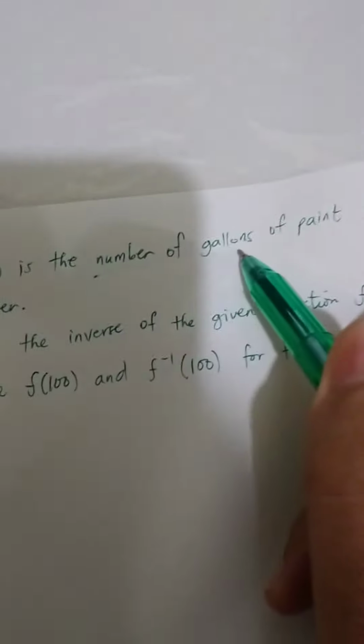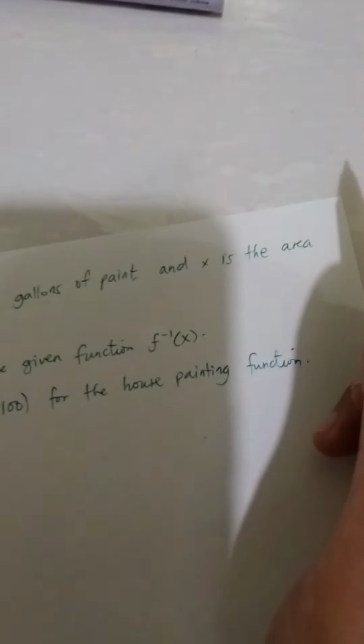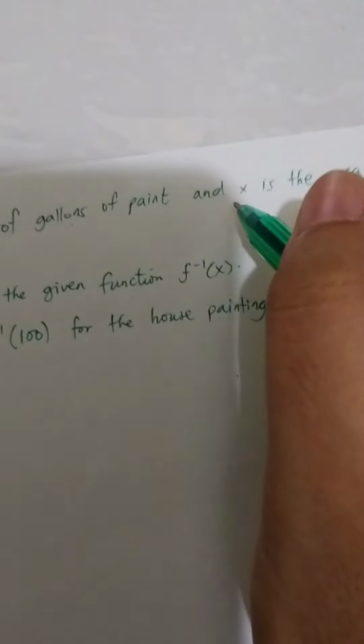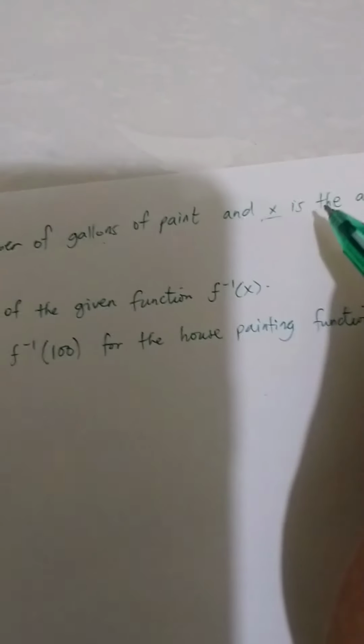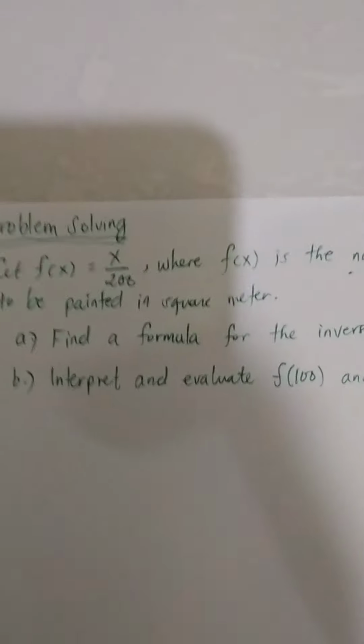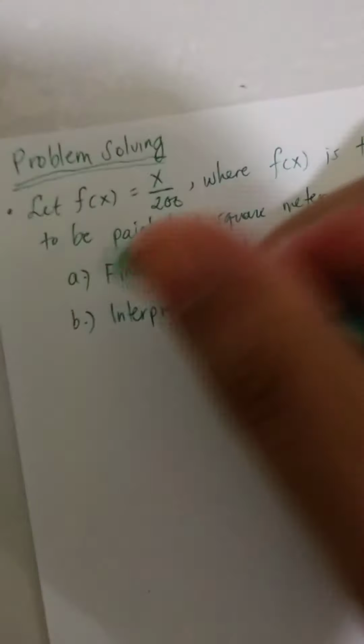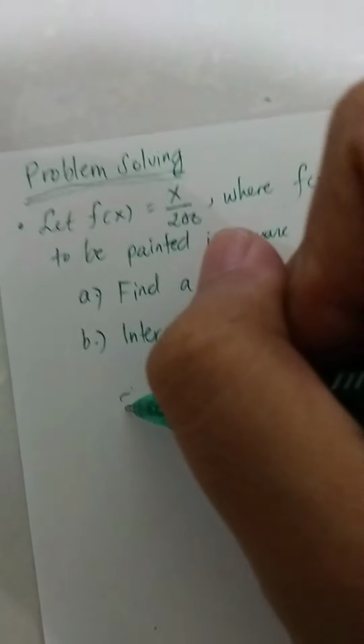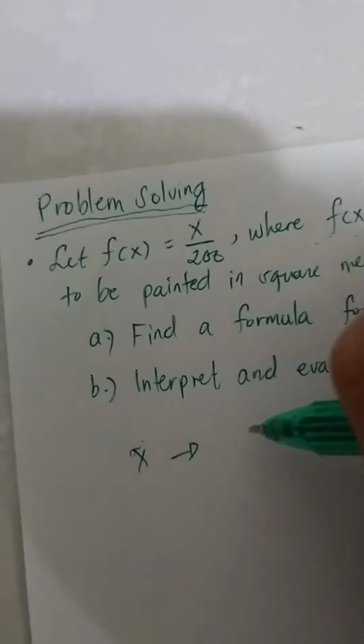Then x is the area. It means that the input is the area to be painted in square meter. So x, or input, is the area to be painted.